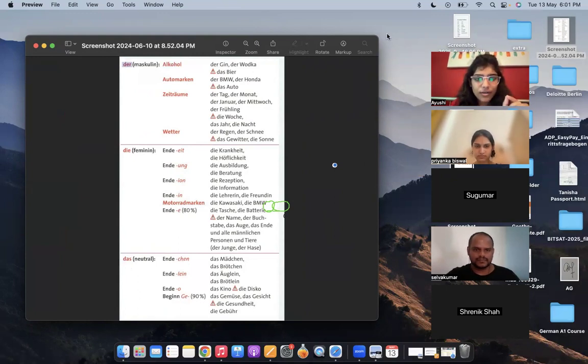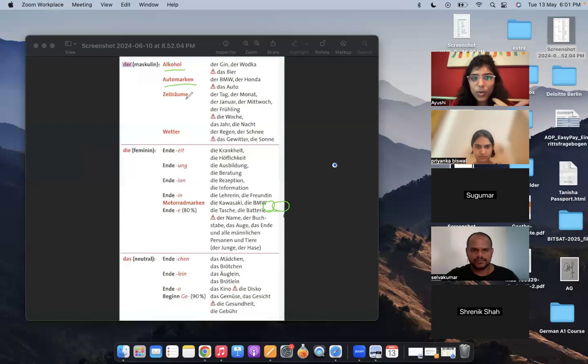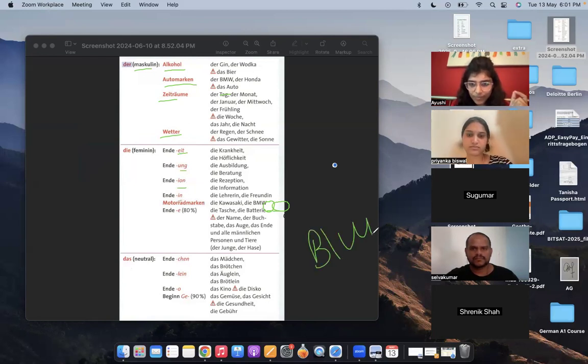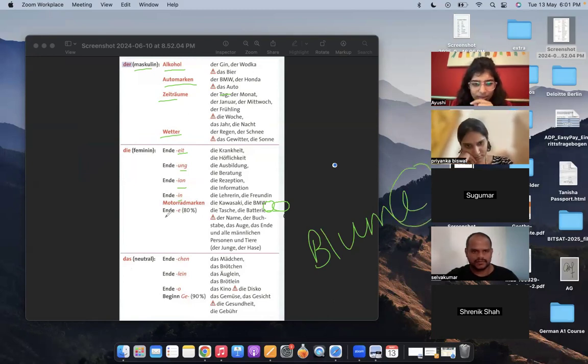If you see here, all the alcohols, all the car brands, all the points of time, like the day, month, January, February, any season, all the weather, they are all masculine. Anything that ends with EIT, UNG, ION, IN is feminine. We just saw this bloomer, right? Bloomer ends with E, and 80% of the time when something ends with E, it's feminine, and it was also feminine.